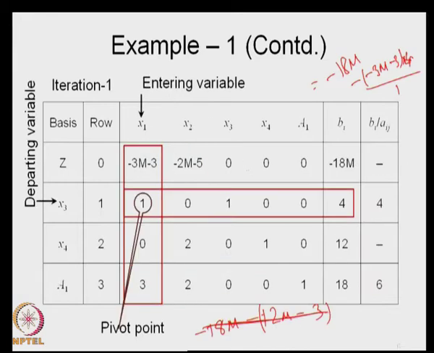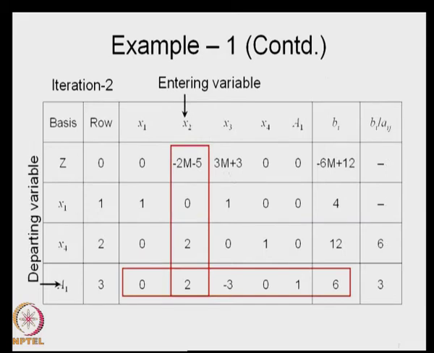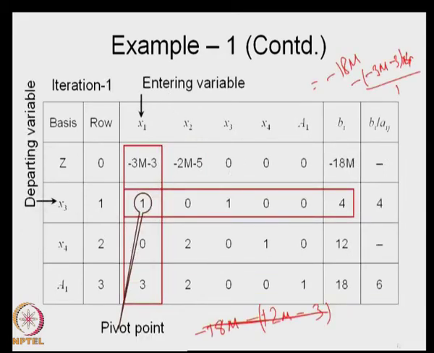Let us say you want to transform this now 0. How do we do? 0 minus 1 into minus 3 m minus 3 divided by 1. You get 3 m plus 3. Let us say you want to transform another number, x 3.